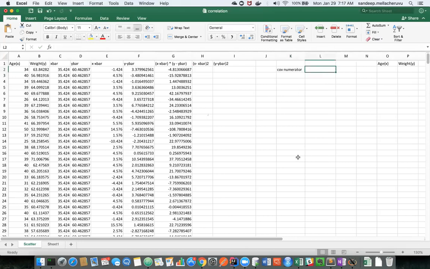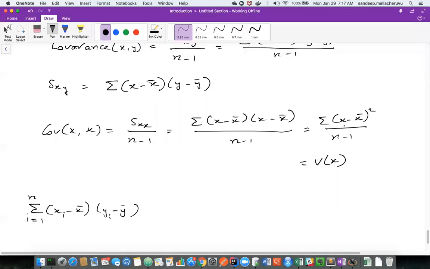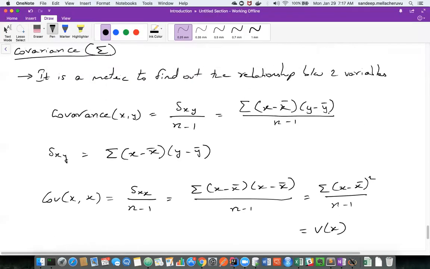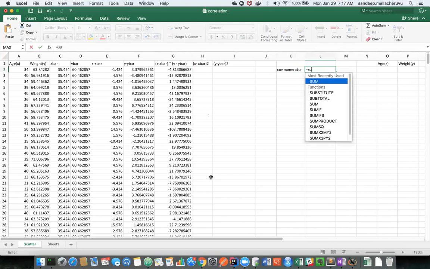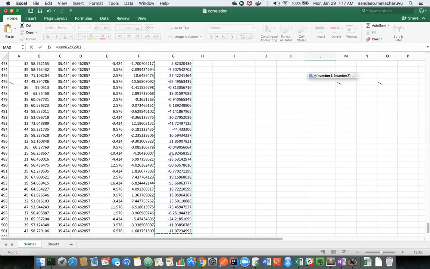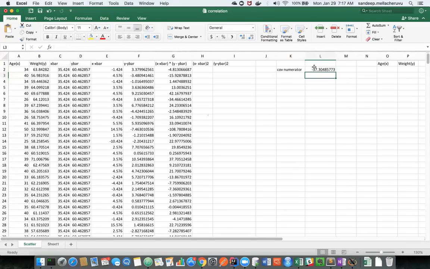What is the covariance numerator? Which is nothing but sigma x minus x bar into y minus y bar. Let's do it. Sum of all these quantities in this column. Control shift and down arrow. Okay. I got some minus 37 as my numerator.